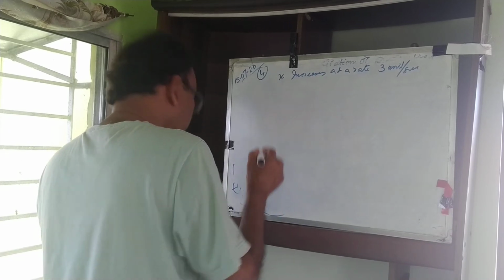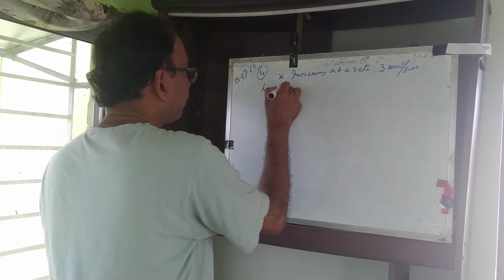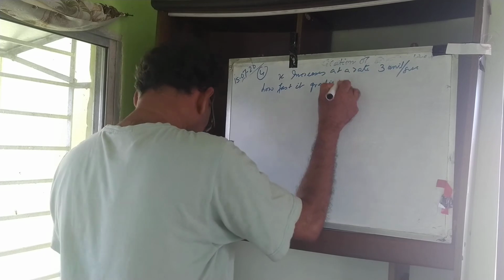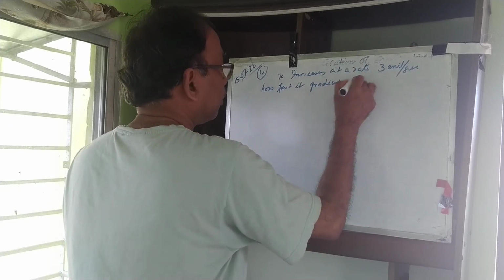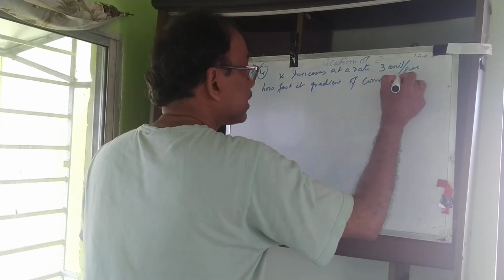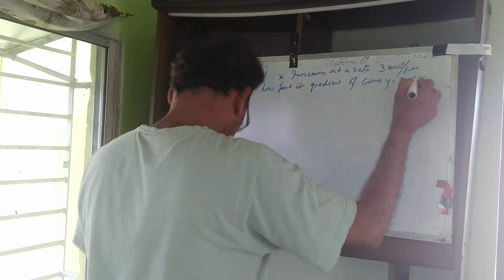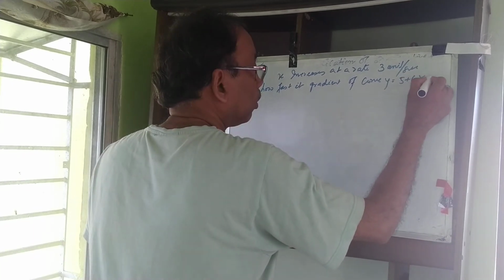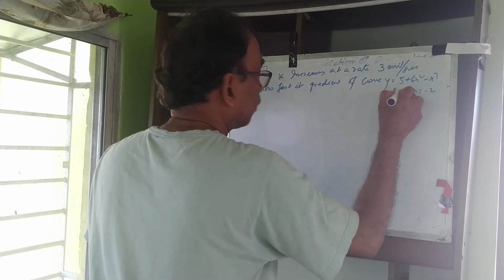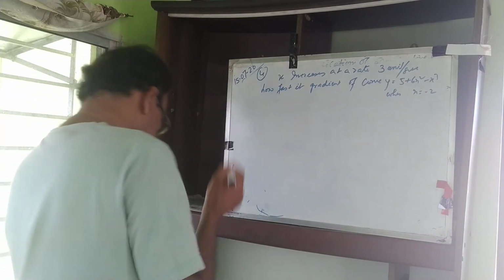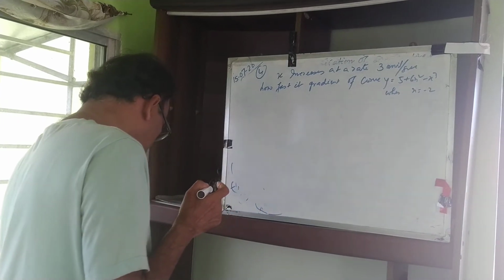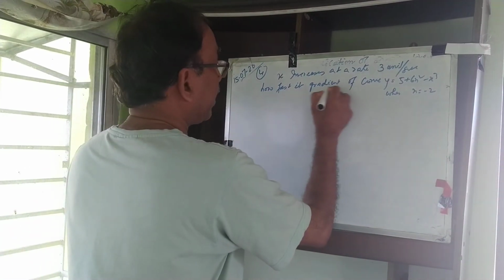How fast is the gradient of the curve y equals 5 plus 6x² minus x³ changing when x equals minus 2?